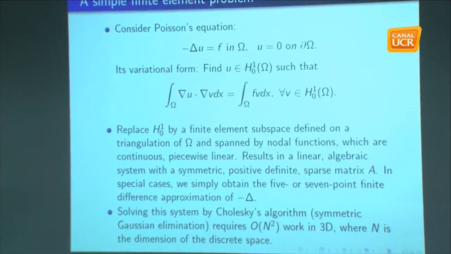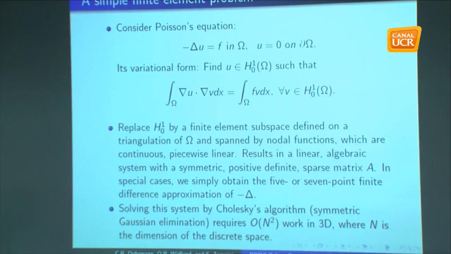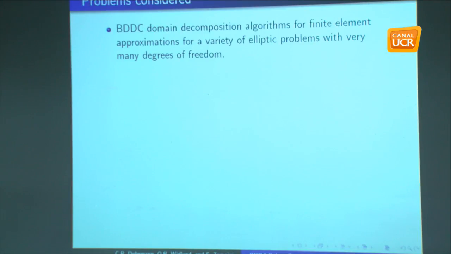But if you have 3D, then you have a quadratic growth that's best possible. It depends on the ordering of the equations, but you can never do better than n squared operations, and if n is large, in the billions for example, then you have to turn to an iterative method rather than an exact method to solve the problem.